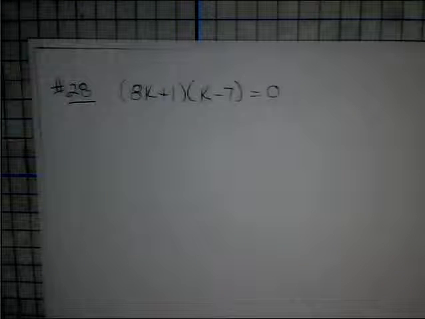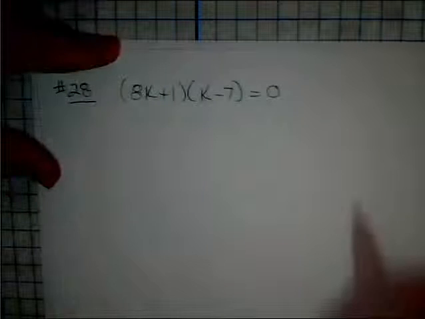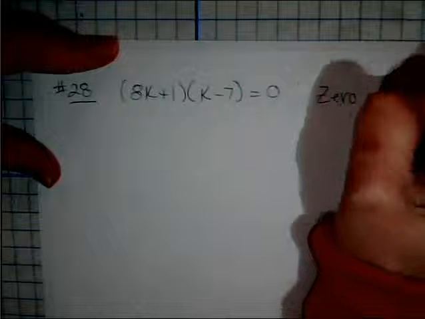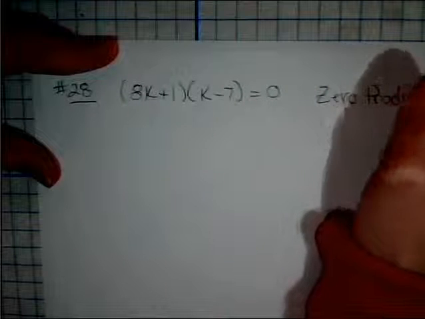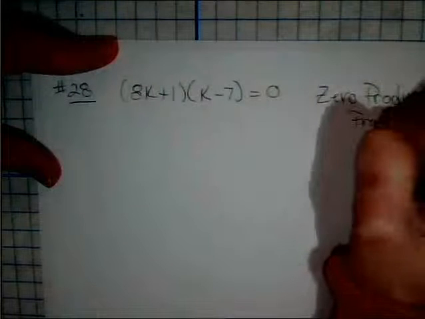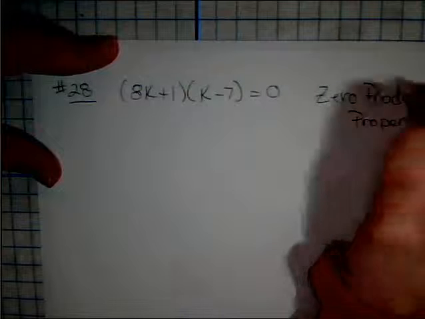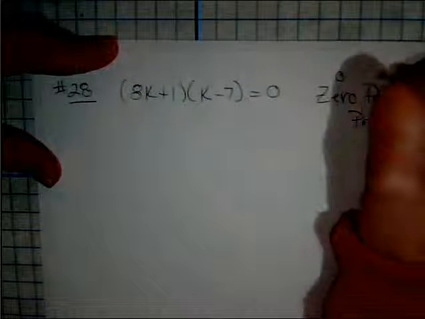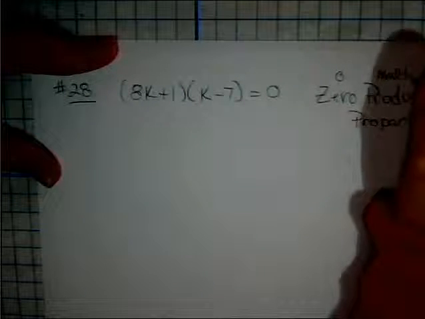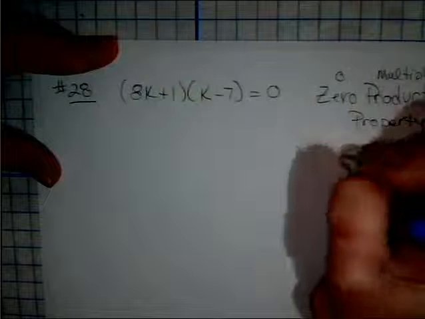Well, this particular problem is going to use the zero product property. So let's think about what that means. Zero product means multiply property. So what happens when I multiply anything by 0?